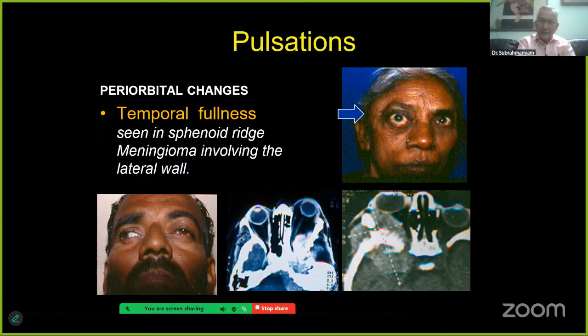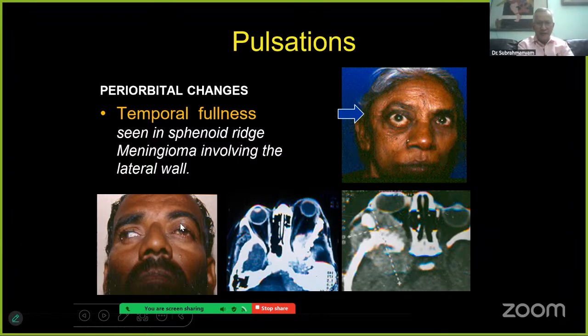The lateral side presents with temporal fullness, whereas sphenoid ridge meningioma on the medial side, as you can see here, has an intracranial component and an orbital component, with a hyperostotic sphenoid bone, and presents with motility restriction because of the medial side, superior orbital fissure. It involves the nerves and leads to motility restriction.